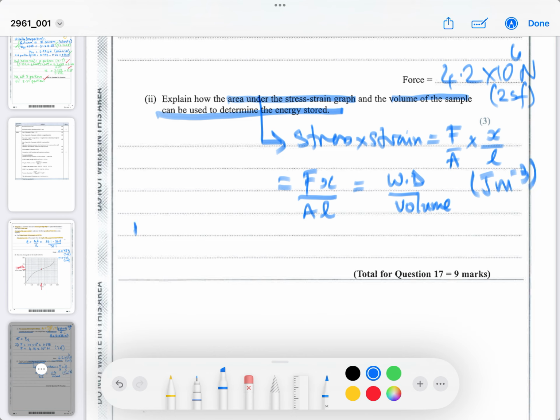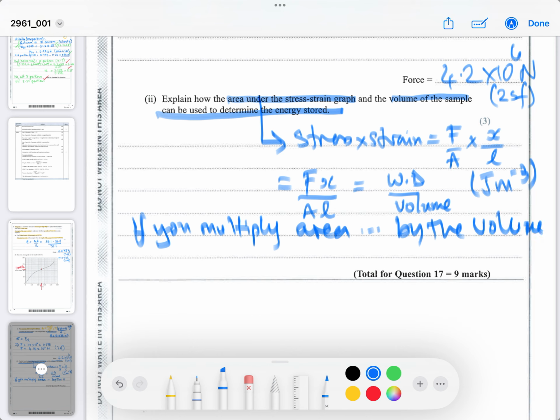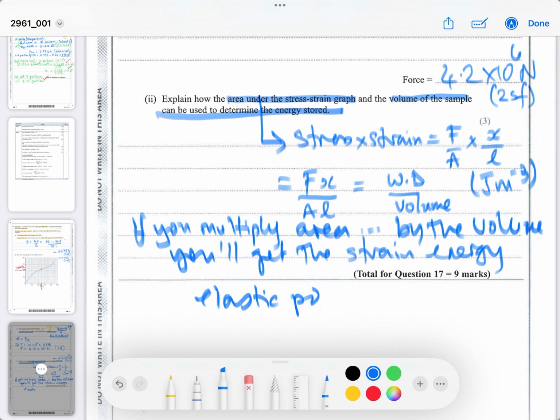So the area under the graph is joules per meter cubed. So if you multiply the area that you calculate under the graph by the volume of the sample, you'll get the strain energy stored, which you could say is the elastic potential energy stored in that volume.